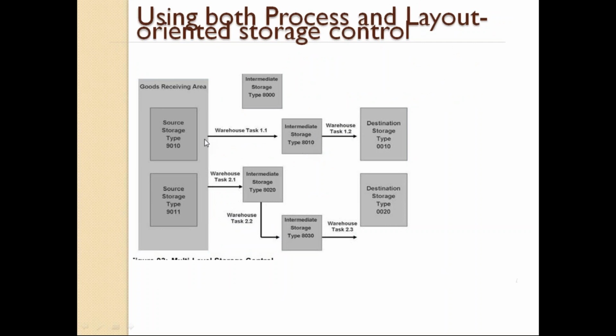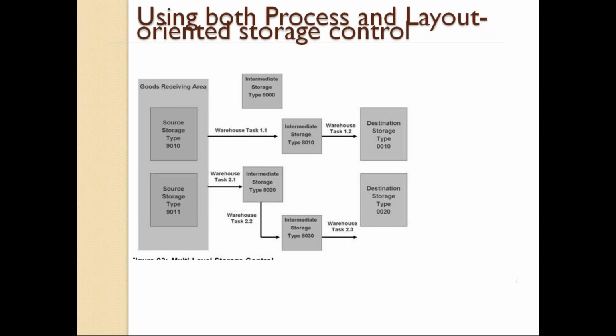The system will create two tasks, one, two. You can also do it in steps. You say, first move it to 8020, then move it to 8030, and then move it to destination.